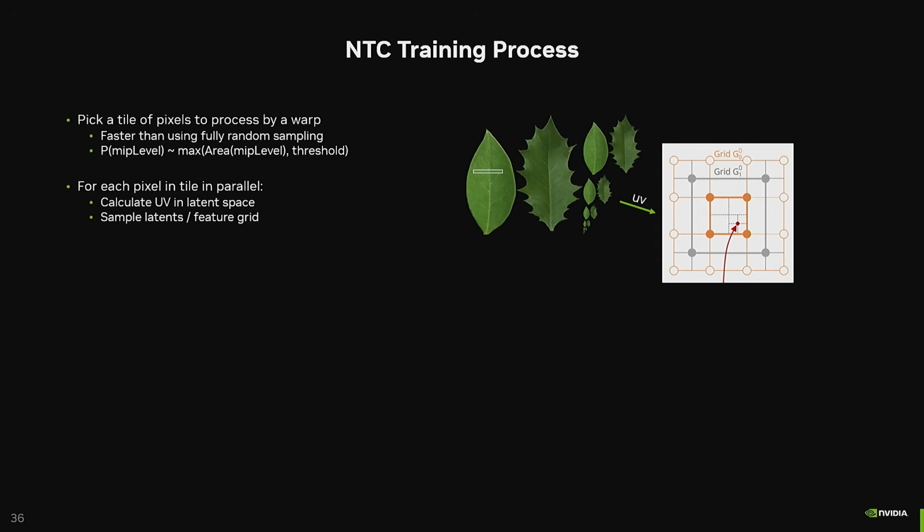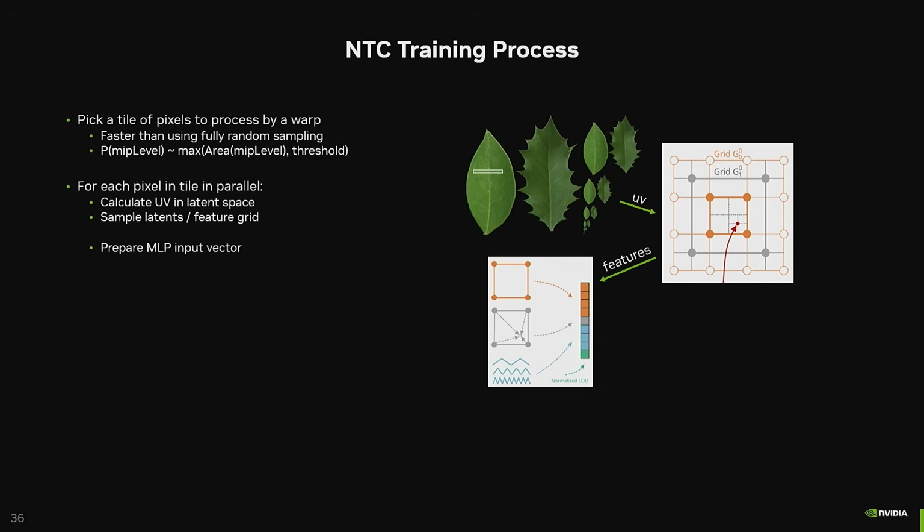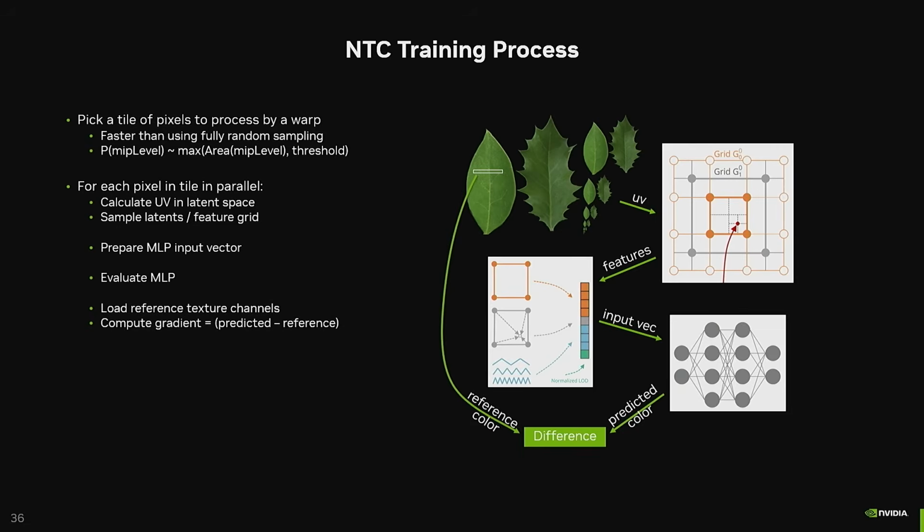So we have the position of a single texel in that tile that we have selected. We translate it into the UV space, which maps into a position in the feature or latent grids. Then we sample the feature grid and either interpolate the features from the 4 corners or just paste them weighted into the input vector of the MLP, and then evaluate the MLP.